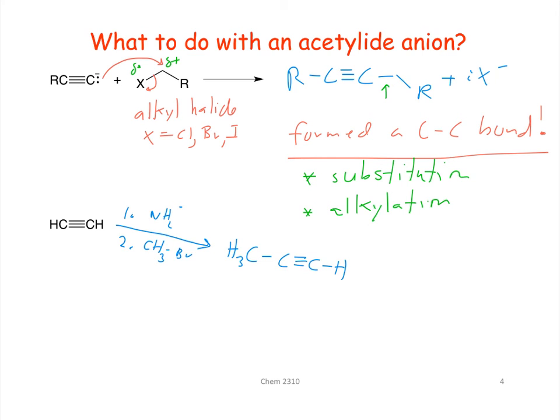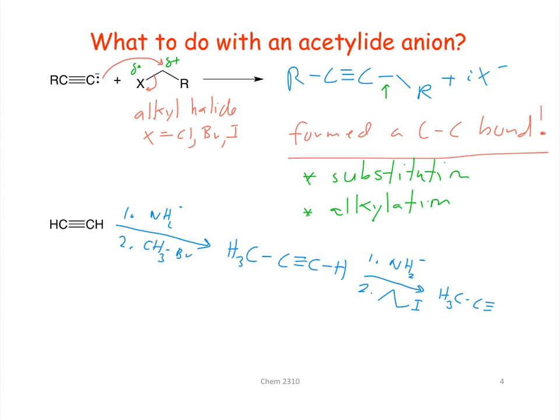Okay, so then if we want to do it again, we can. So we can do this a second time. NH2 minus, and let's put a different group on there. Let's use iodo-propane. I'm just choosing any kind of alkyl group and any of those 3 halogens, so I'm kind of arbitrarily picking these.